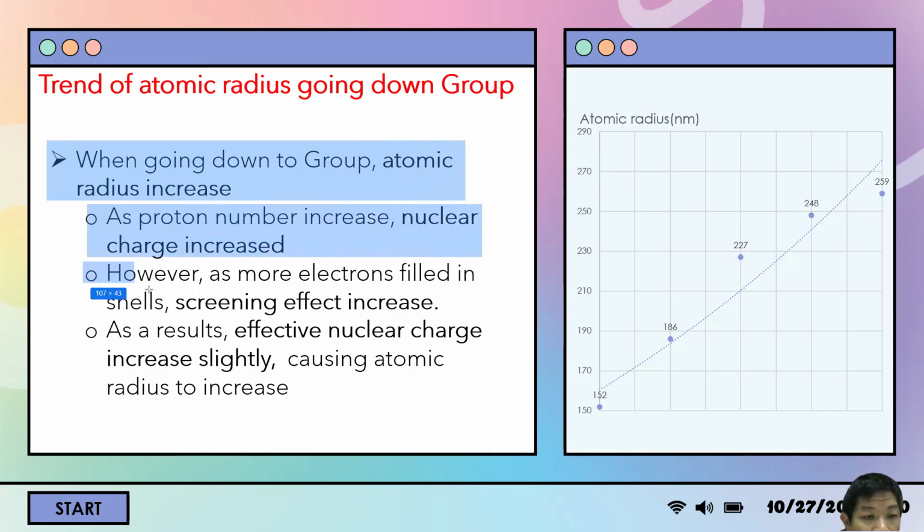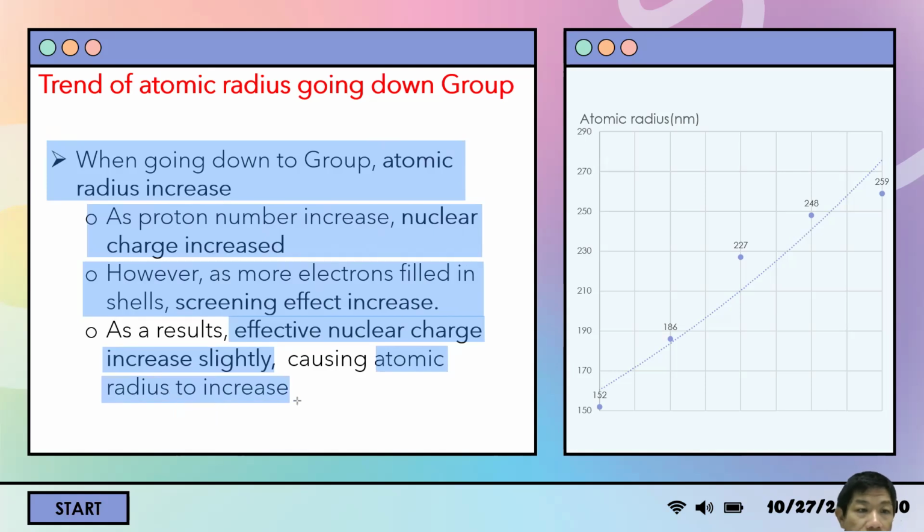However, as more electrons are filled in the shells, the screening effect also increases, because you require more shells to fill in more electrons going down the group. As a result, effective nuclear charge increases slightly due to the massive number of protons, but because the increase in the number of shells is more significant, atomic radius increases.